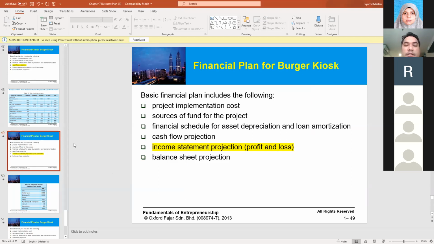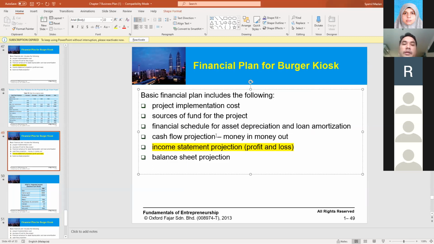The cash flow projection, I repeat, is to see money in and money out, on a daily cash basis or a weekly cash basis, so that you can plan for your expenses. Right? Remember that I told you before this that if you don't have money, don't buy a PS5.